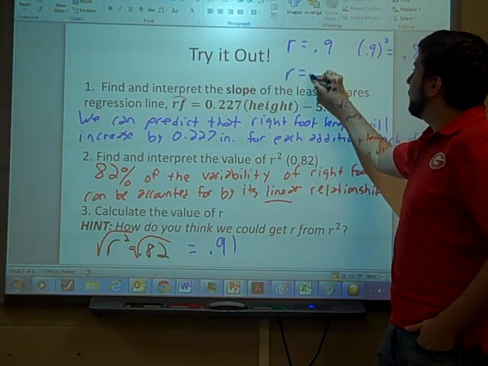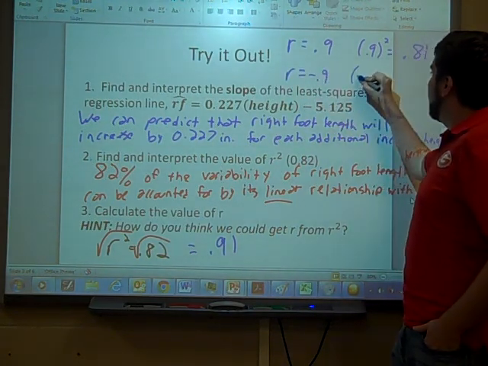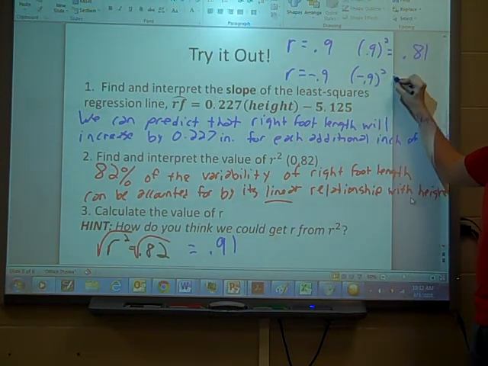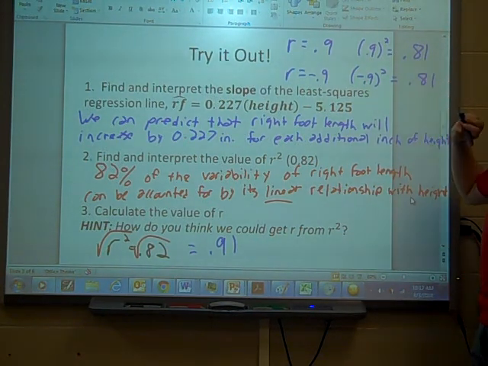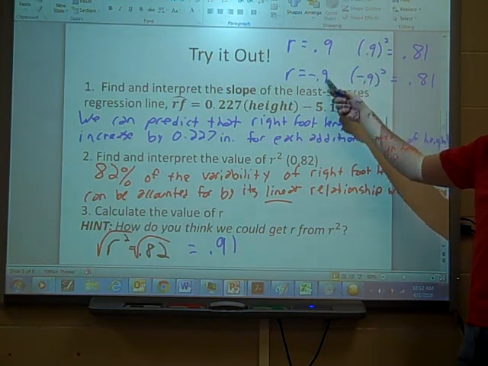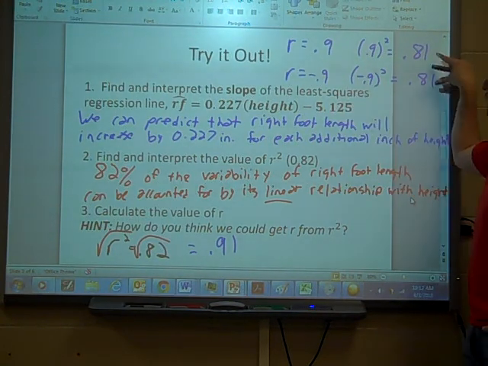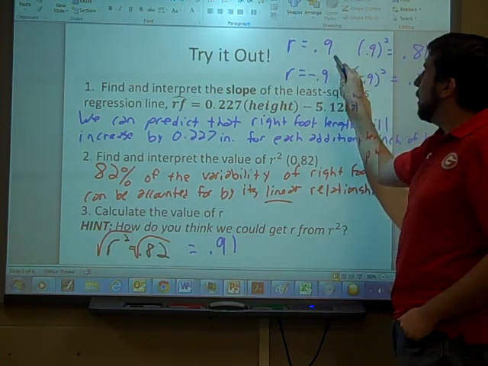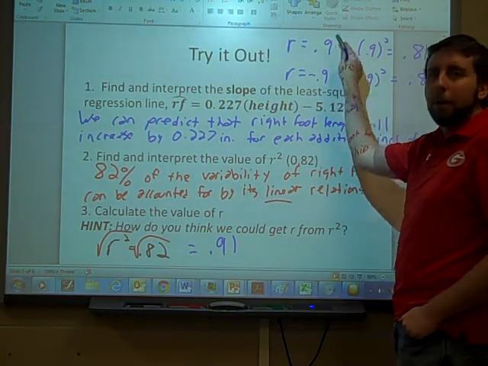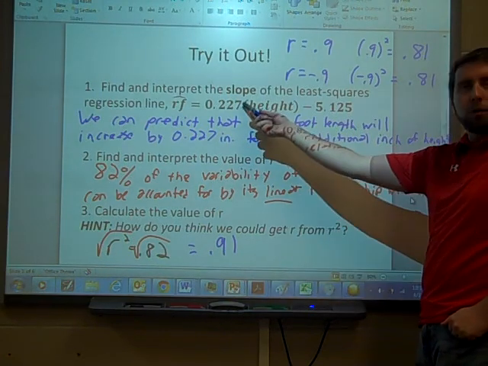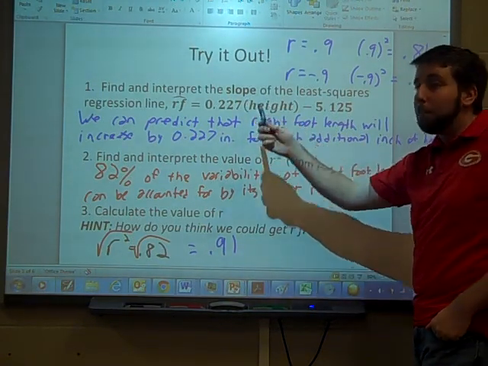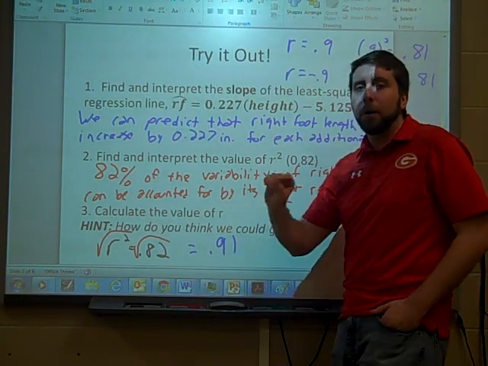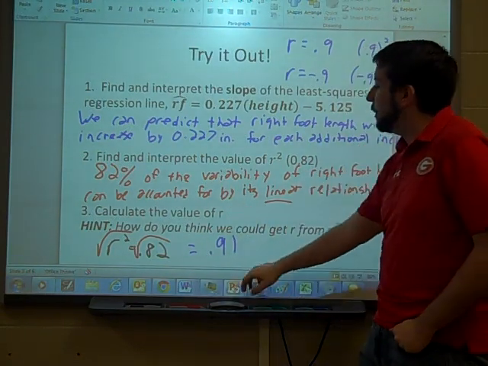Now if r was negative 0.9, negative 0.9 squared, well, negative times negative is also positive. So 0.9 and negative 0.9 will get the same r squared value, and it'll be positive both times. So you have to be able to figure out what sign r should have. This time it's positive because it was a positive relationship. But be very careful. There will be times when you have to account for a sign change. And we'll talk about that when we get to examples.